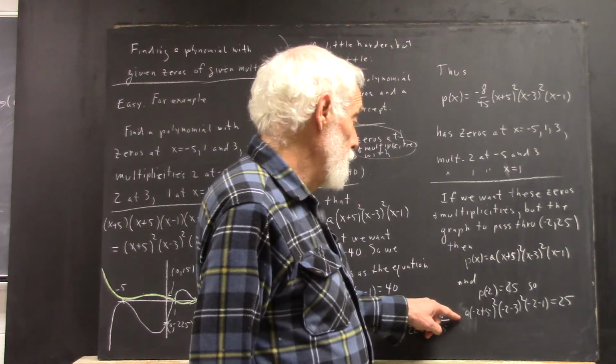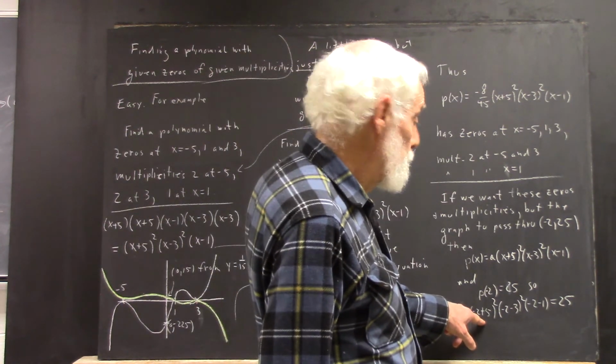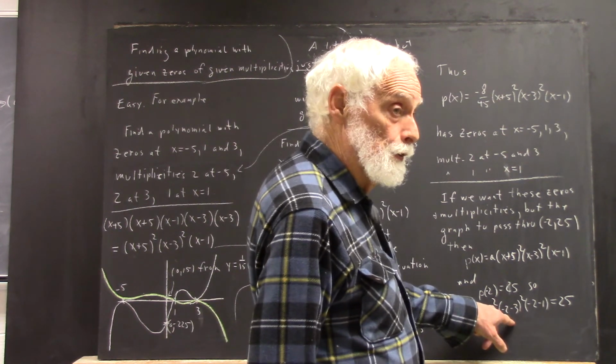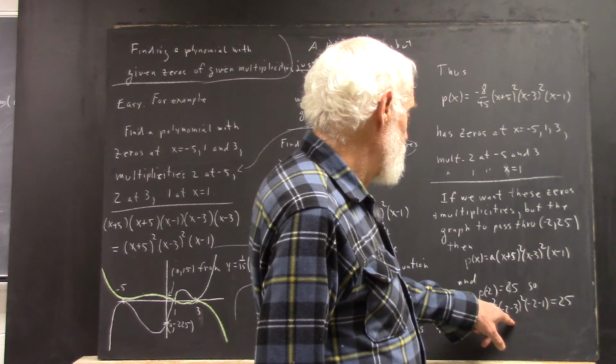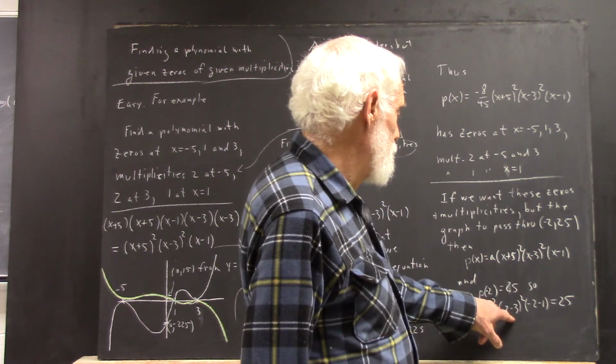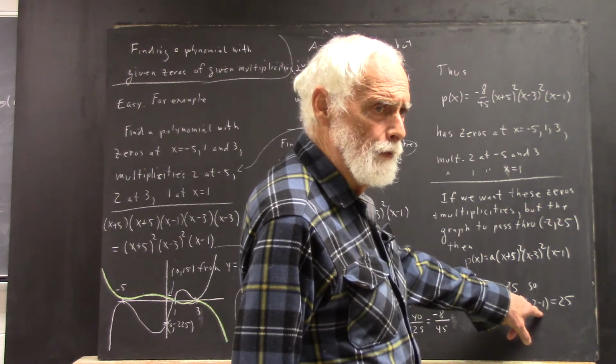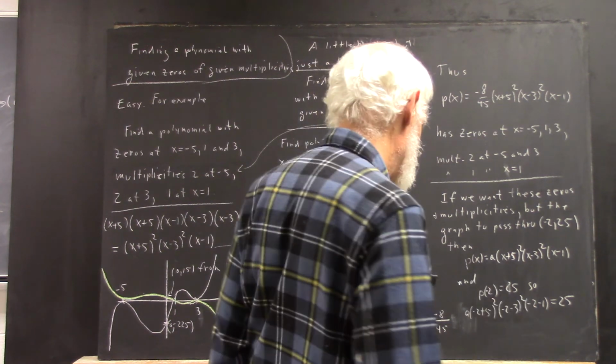Very easy to find a. This is going to be 3 squared, which is 9. It's going to be 5 squared, which is going to be 25. And that's 225. And then we have to multiply that by negative 3 to give us 675.